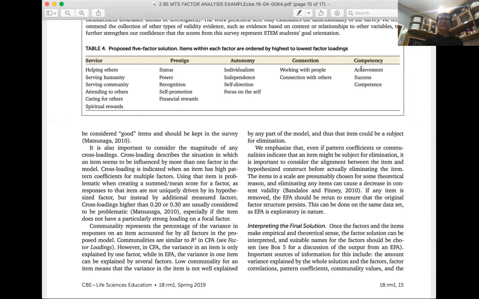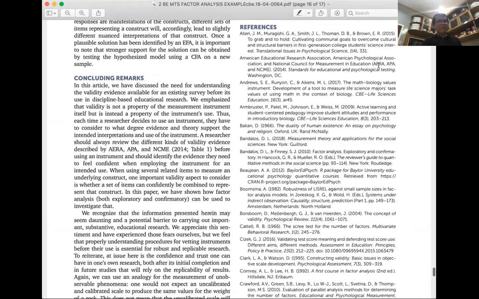So how many items? 1, 2, 3, up to 20. So 20 are included in the final. Originally, there are 23 as found in table 2. But now in table 4, it's 20. And these 20 are clustered according to service, prestige, autonomy, connection, and then competency.